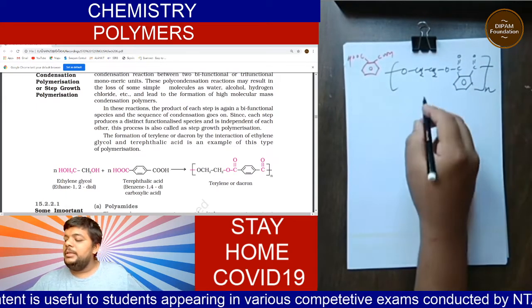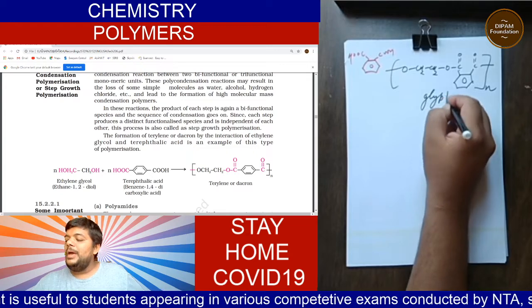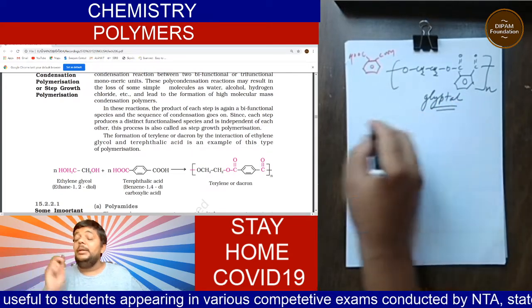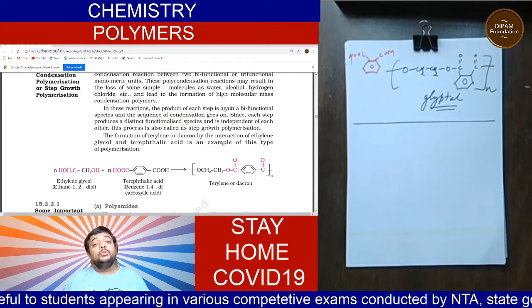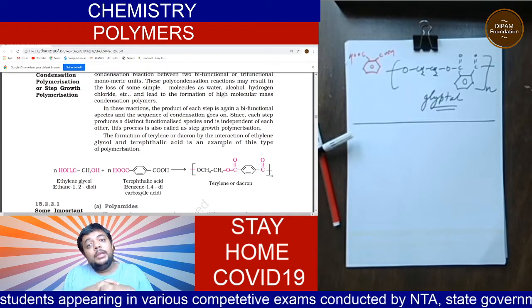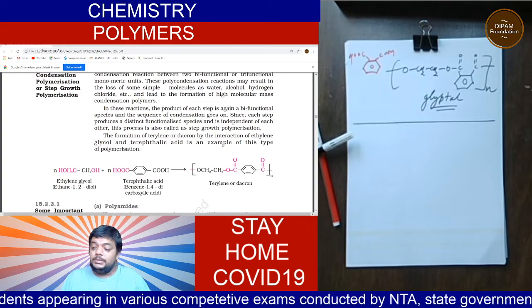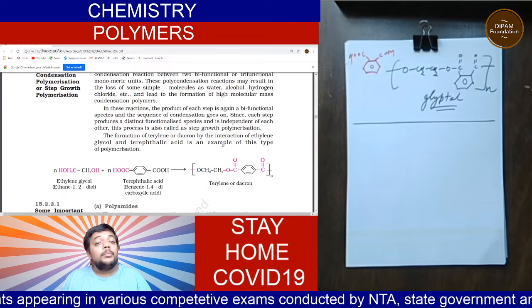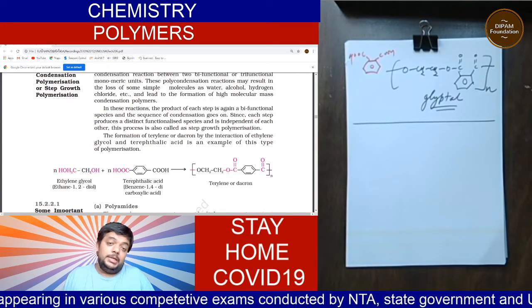And when you are writing this, spell it very well, it will look like glyptal. So these are the two popular polyesters available with us. And they are called condensation polymers because water was removed when the two molecules combined.